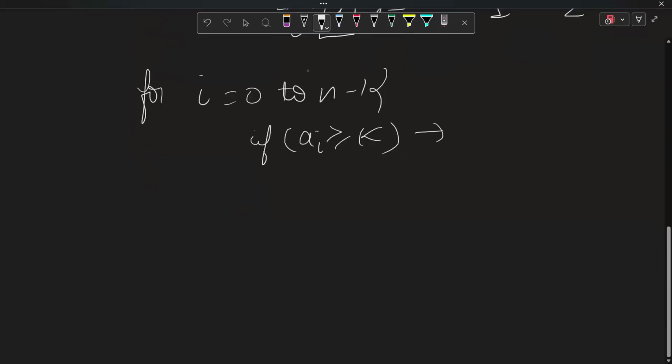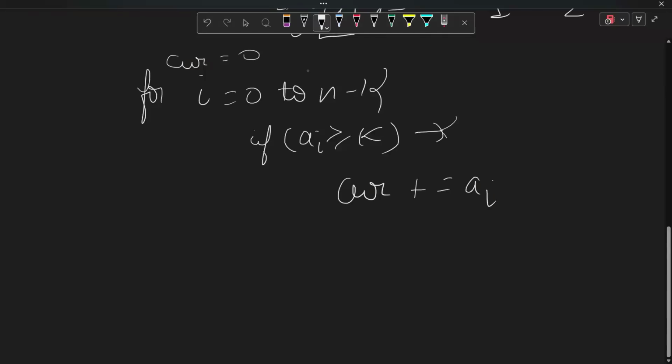In this case we could make Ai 0, but it would not matter after this, so we can skip this step. The number of gold that Robin has, let's store in a variable called current, which is initially 0. We increment that by Ai.